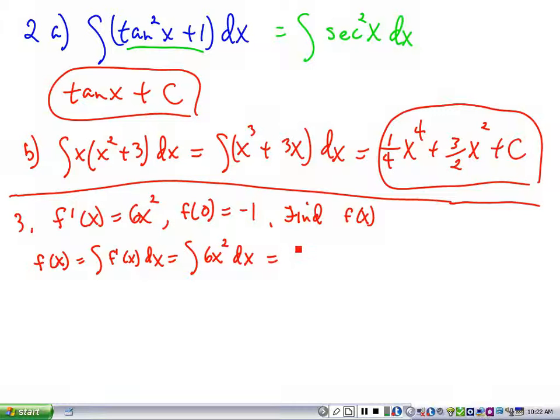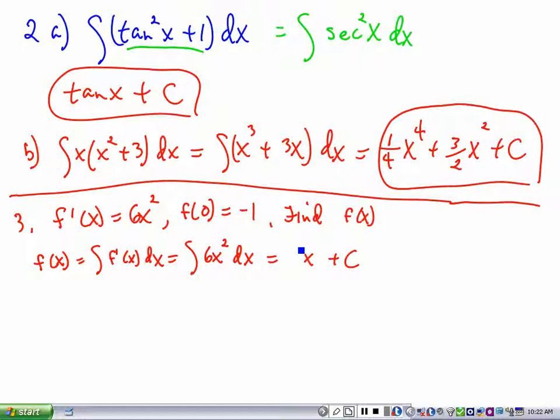and in integrating we get 6x squared raised to the third power, then divided by 3. So we get 3x to the third plus some constant, and I had better put everything in there.